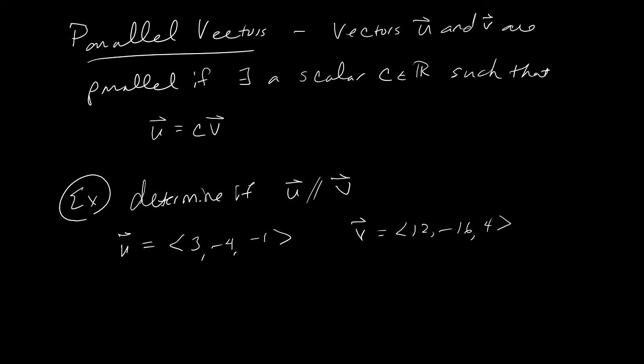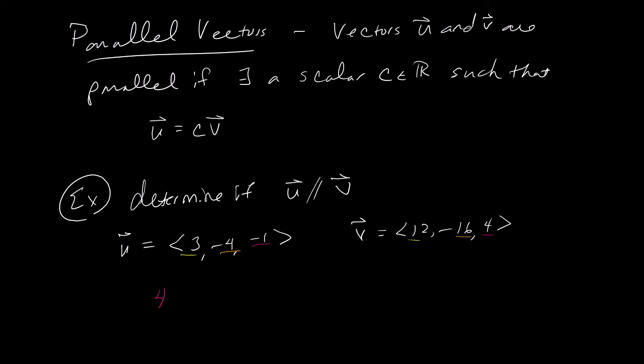Okay, so we need to see if there's any way for us to conclude that this is the case. So for 3 to become 12, or for 12 to become 3, either way, what's the relationship? We're looking at that relationship between the x components, the y components, and the z components. 3 becomes 12 if we multiply 4 to u.